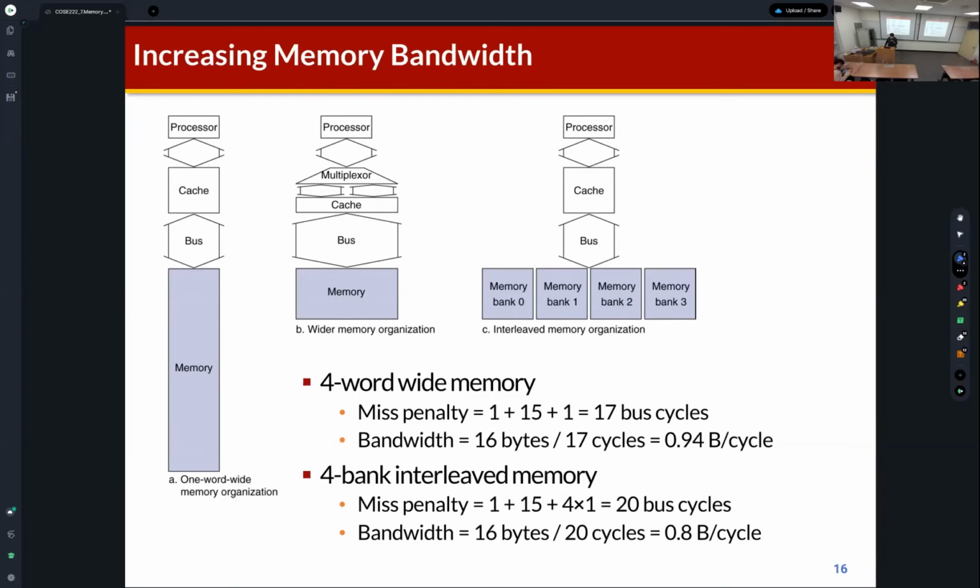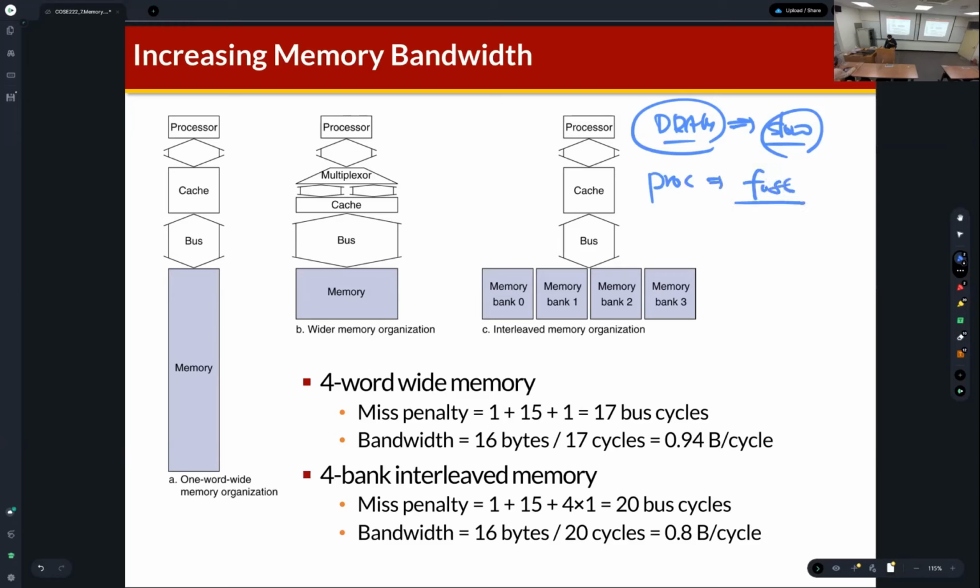DRAM, all memory is slow. It's slow, but the processor is fast. And we learned that the processor reads data from the memory.